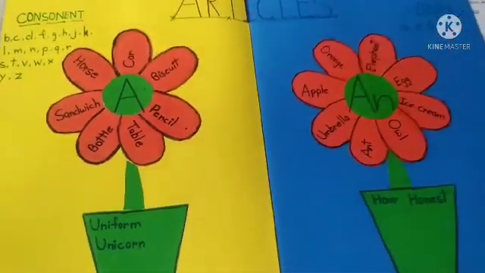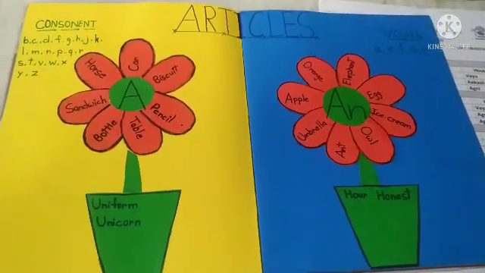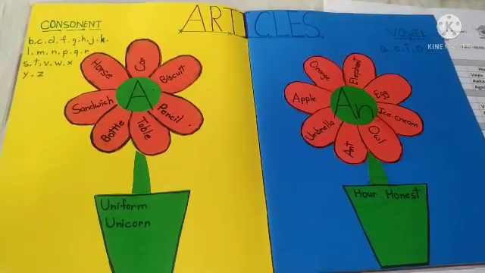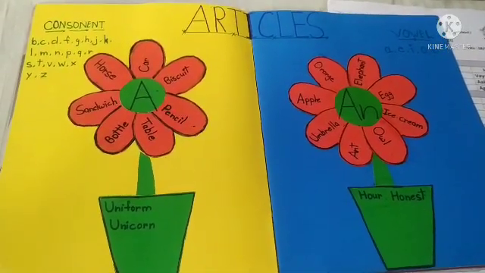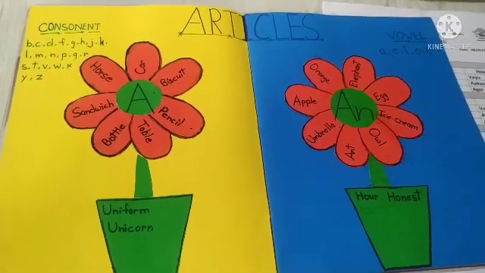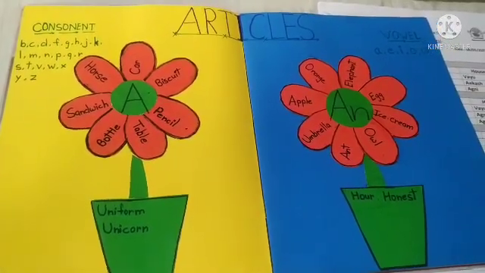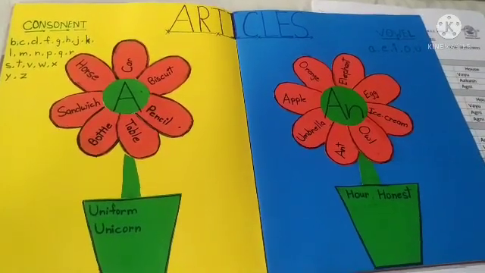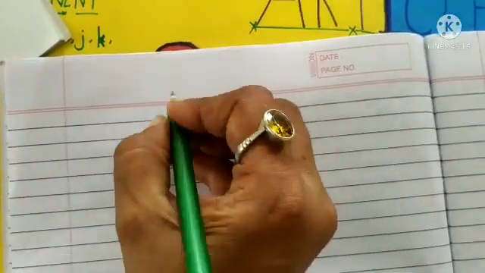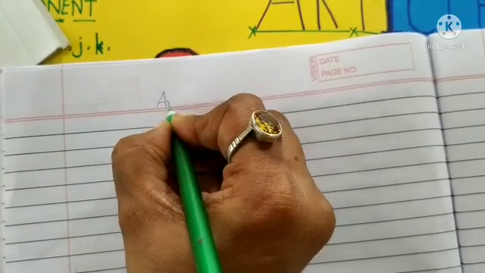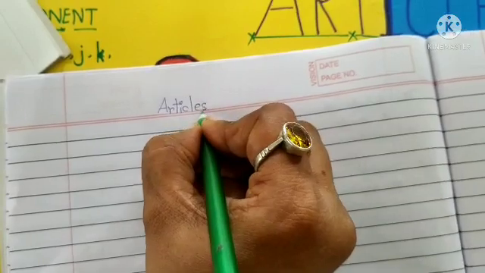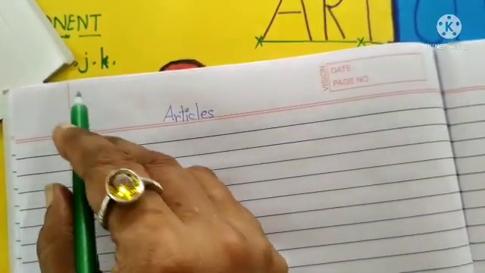Now students, we will do some sentences for our practice. So students, take out your extra notebook. We will do some sentences based on articles in our extra notebook. Students, in your notebook, write down the heading ARTICLES in the margin portion.